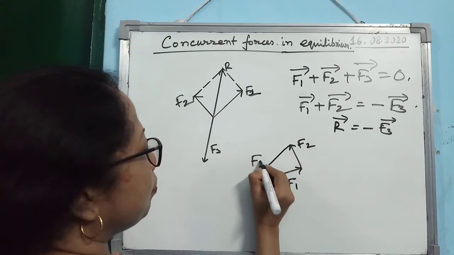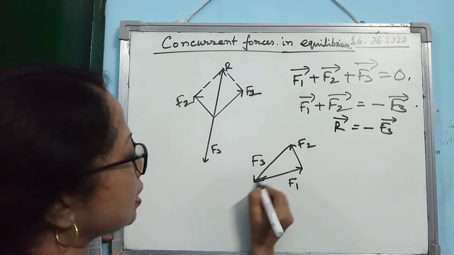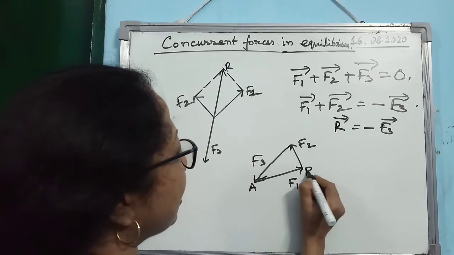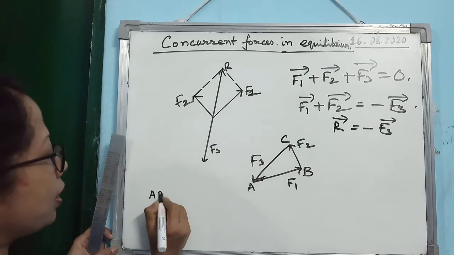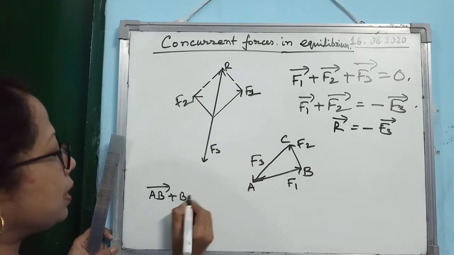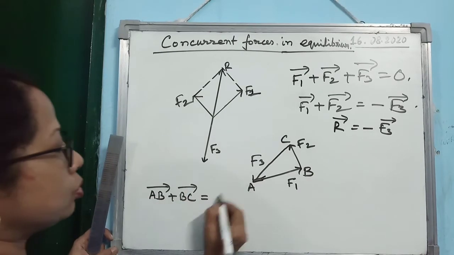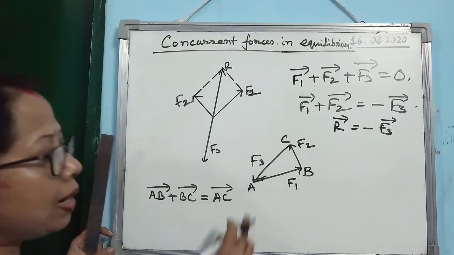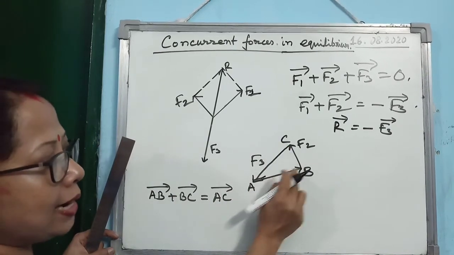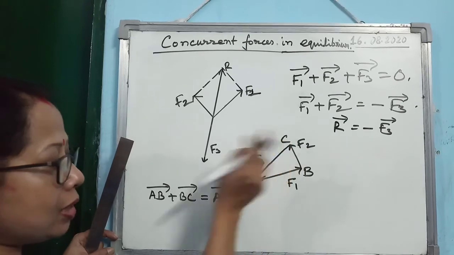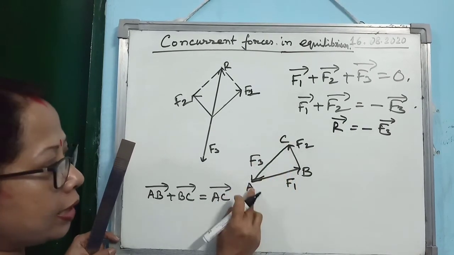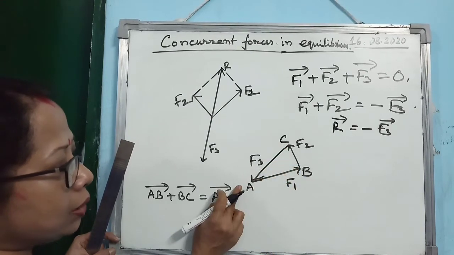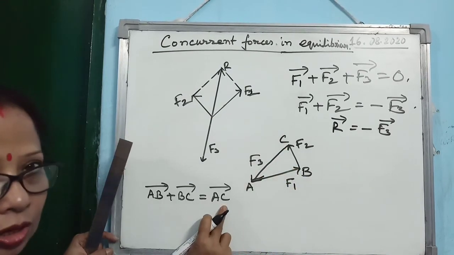F3 will be this one. Just apply the triangle law. According to the triangle law, what can you write? I hope you can remember. AB plus BC is equal to AC. Can you remember? The two sides taken in the same order equal the third side taken in the opposite order. So AB plus BC is equal to AC. This is the triangle law.